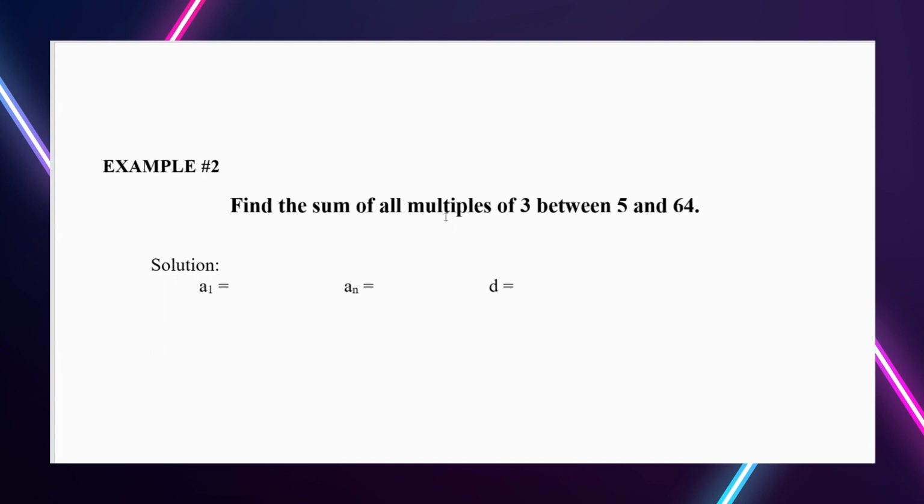Pag sinabi nating multiples of 3, ano yung mga numbers between 5 o sa pagitan ng 5 and 64 na nadi-divide ng 3? Exactly, na walang remainder. So yun ang ibig sabihin ng multiples of 3.